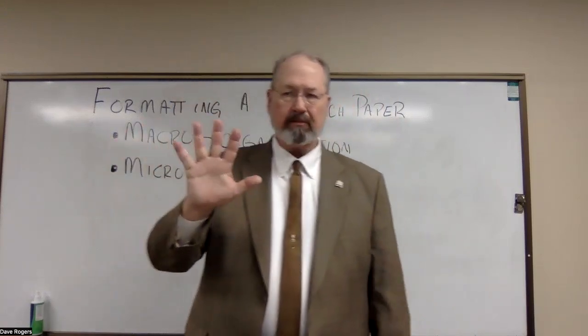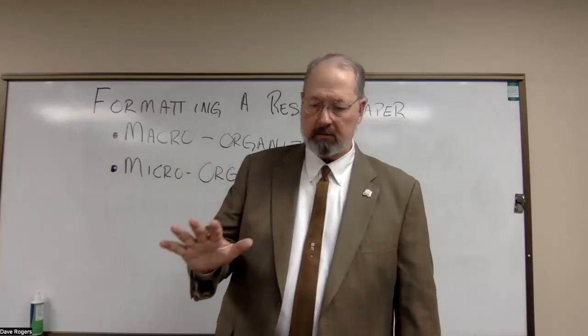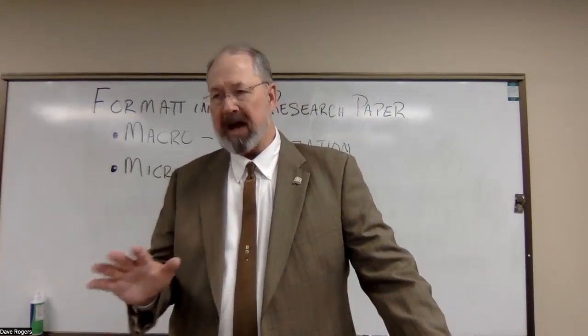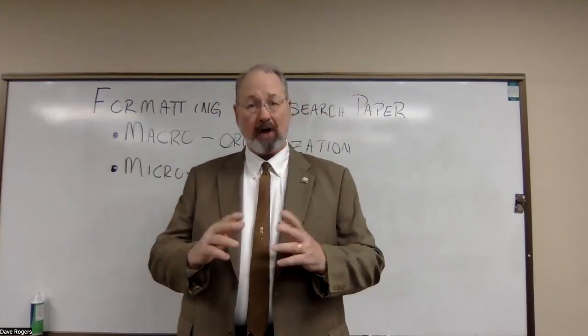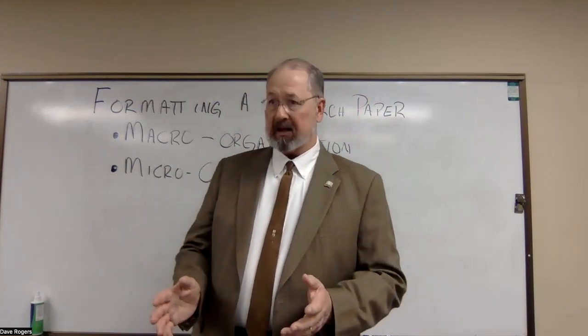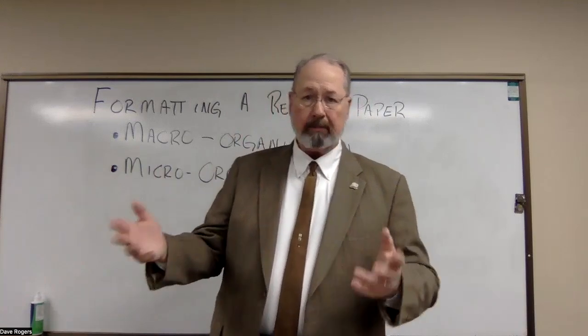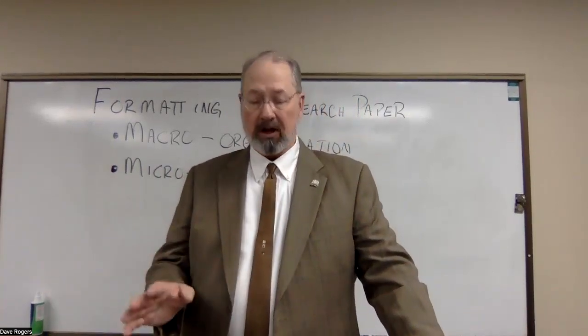And there are 5 main parts to a research project or a research paper. And those 5 main parts, and this is basically true of all of the formatting conventions, doesn't matter if you're talking about Turabian or MLA or APA or Society of Biblical Literature, it's basically true of all of them.